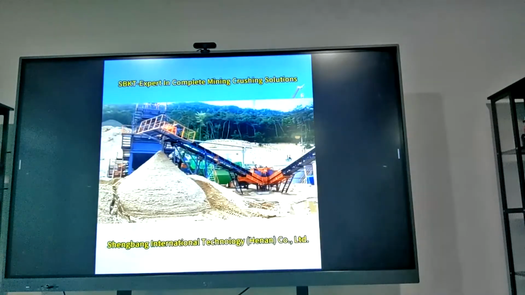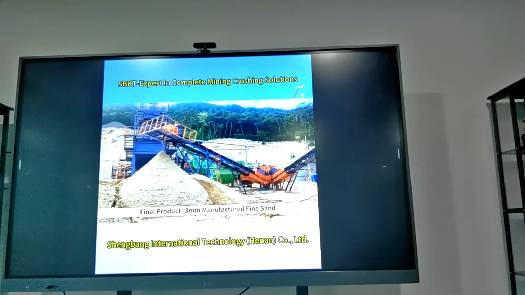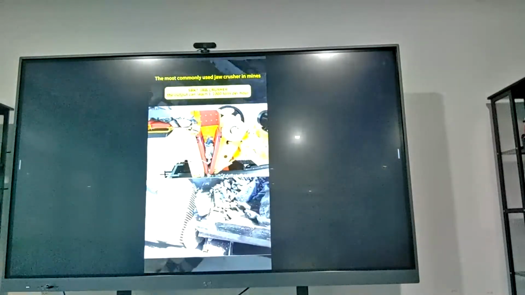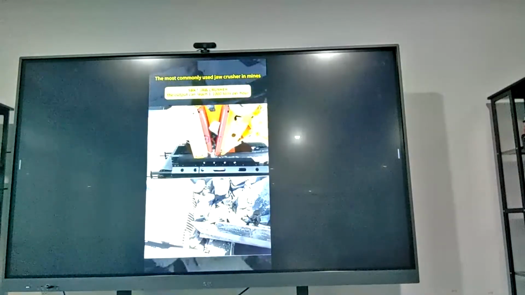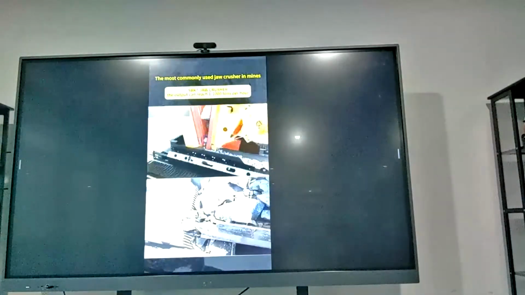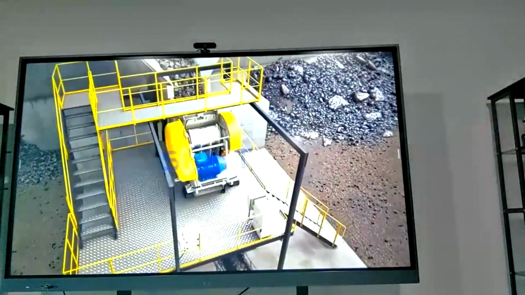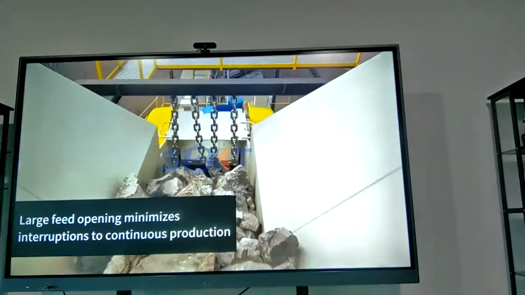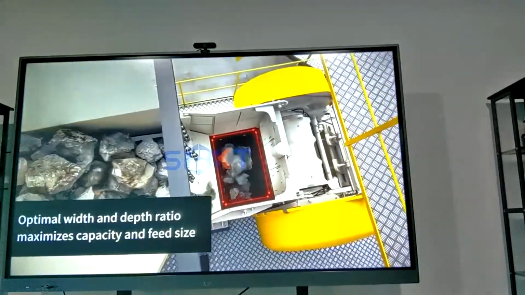Shengma machinery staff create their own brand with their unique professionalism through years of unremitting efforts and continuous innovation. The main equipment of the company are jaw crusher, cone crusher, impact crusher, sand making machine, mobile crushing plant, and so on.